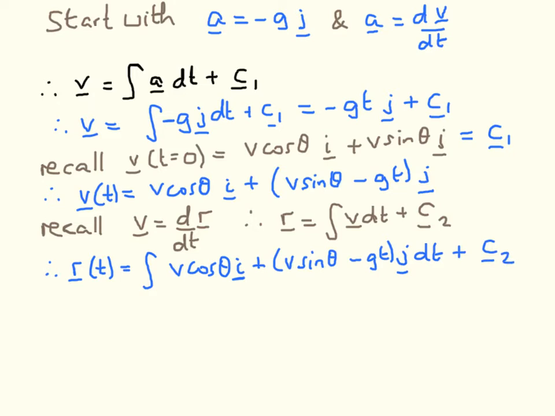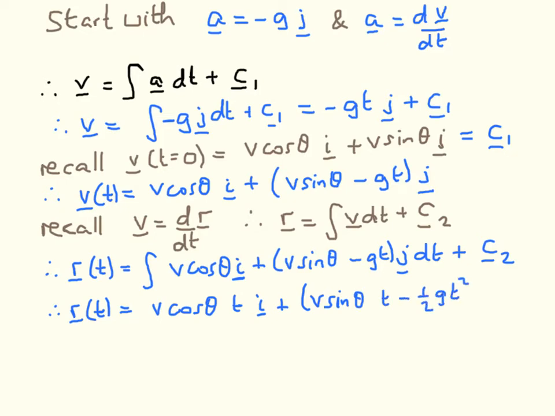So again, this is a constant, this is a constant, and this is just t times constants, so the integration is straightforward, and we obtain r as a function of time is v cos theta times t i plus v sine theta times t minus a half gt squared, all in the j, the vertical direction, plus c2.